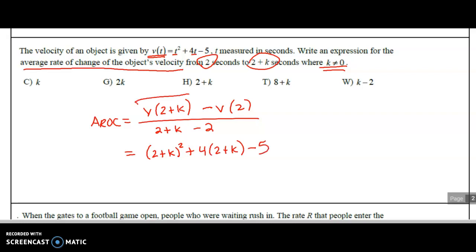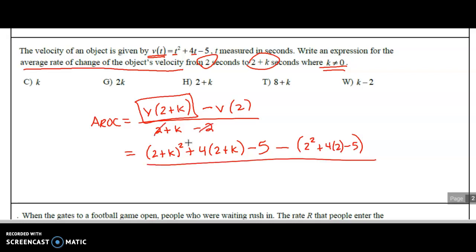That's all just this. Minus, since I subtract, I'm going to use parentheses when I plug in 2. So I'll just write it out. 2 squared plus 4 times 2 minus 5. And then my 2's will cross out, so it's all over k. It's the average rate of change.